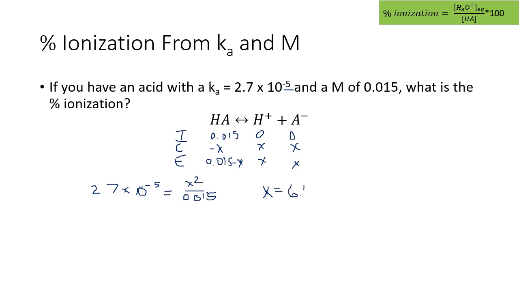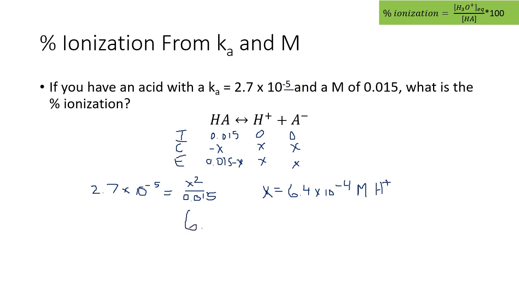And we get 6.4 times 10 to the negative 4th. That is both the molarity of the H plus and the A minus. But we don't really care about the A minus when we're finding percent ionization, do we? No, we don't.